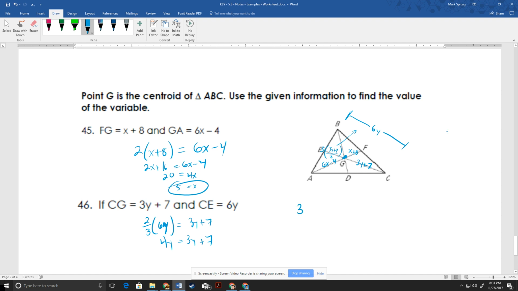If you did 3 times 3y plus 7 over 2, you divide by 3 to get 2y equals 3y plus 7 over 2. And then you multiply by 2 to get 4y equals 3y plus 7. But if you notice, we're in the same spot. So I'm just going to finish it on this side over here. So we get y equals 7. Oops, that looks like an x. y equals 7. All right, and now we're done.